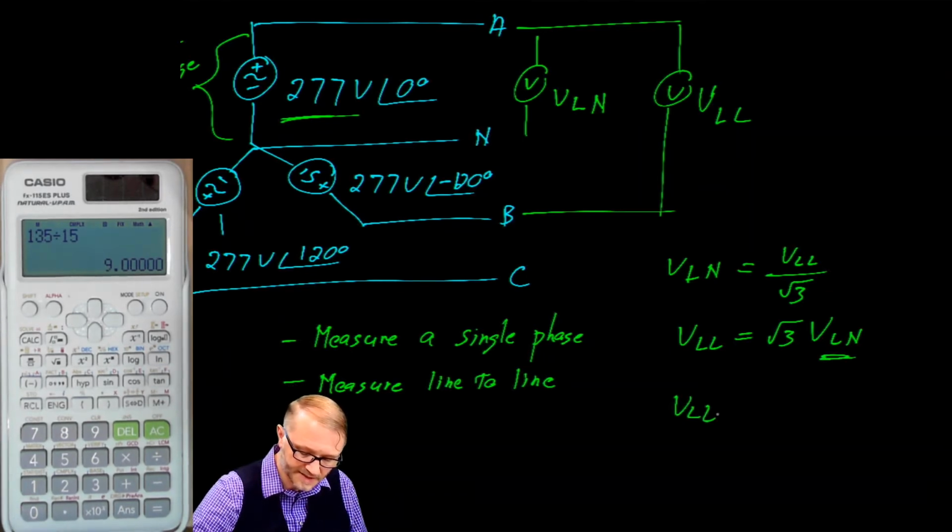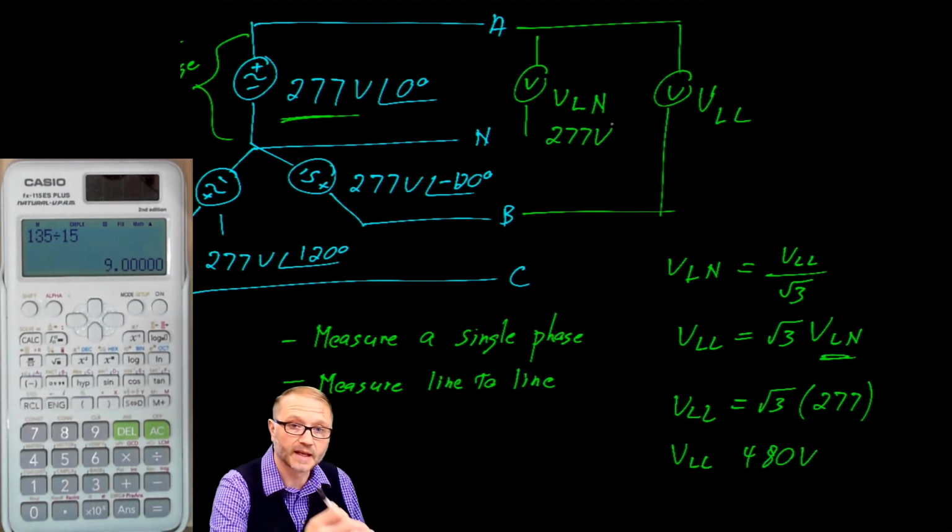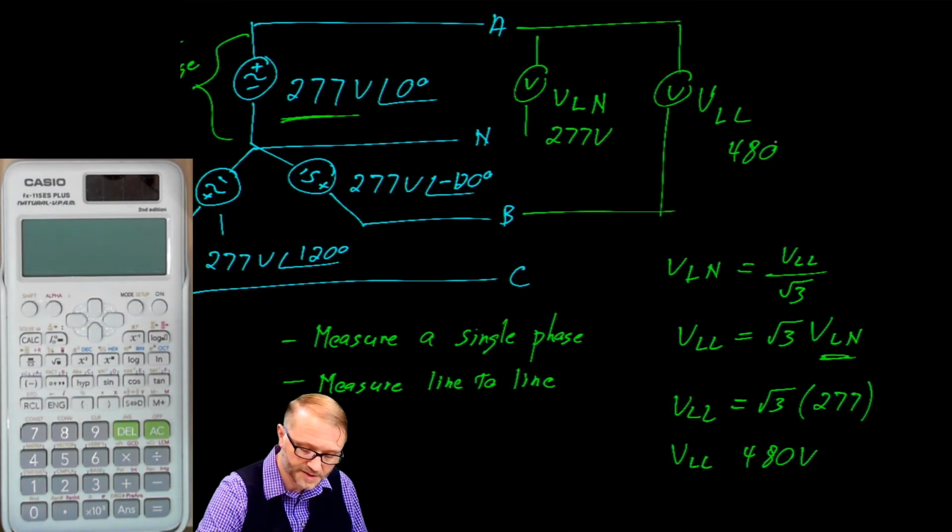So volts line to line is equal to root 3 of 277. So that works out to 480 volts. So this meter reads 277 volts, again, line to neutral, whereas this one measures 480 volts because it's going from line to line.